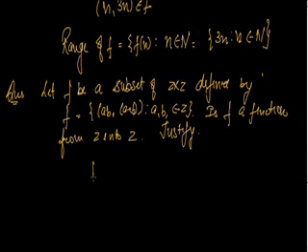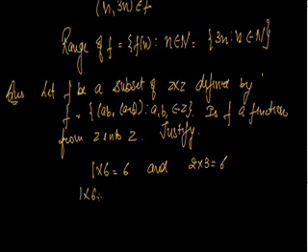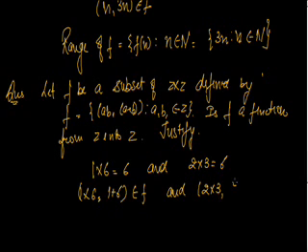We observe that 1 into 6 will give 6 and 2 into 3 will give also 6. 1 into 6 will be equal to 1 plus 6, and this is given in f, and if we see 2 into 3, 2 plus 3, this is also in f.